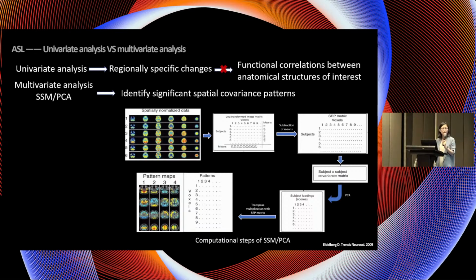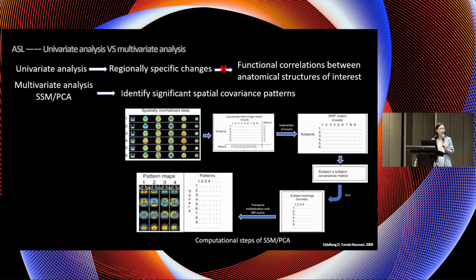So we obtained ASL. How can we analyze them? Both univariate analysis and multivariate analysis can detect what happened in brain function. But univariate analysis shows regionally specific changes and always ignores the functional correlations between anatomical structures of interest in the brain.